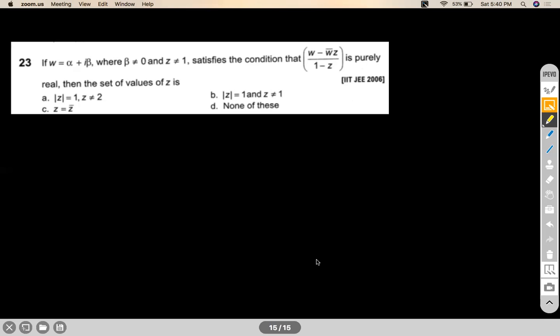Poll. Let's have the poll. Good. Actually, this has to do more with the conjugate thing that you learned.